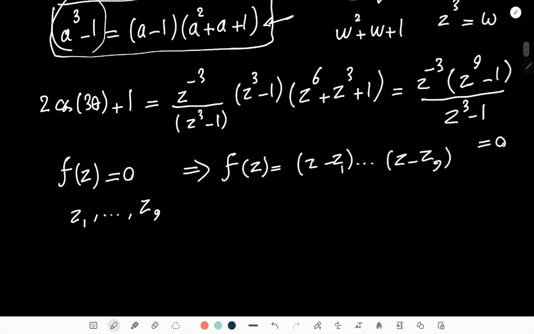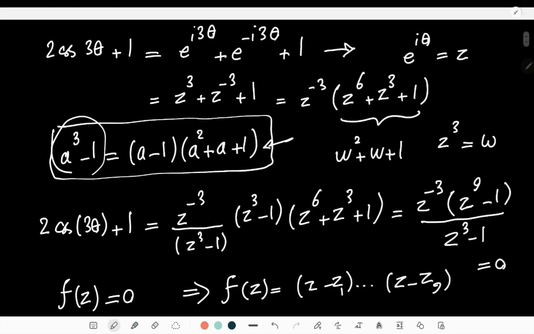So let us just do that. And we have to be very careful, because the denominator also will produce some zeros, and we have to exclude them. So let us just go ahead and write z to the power of 9 minus 1 equals 0. Because z was e to the power of i theta, you remember that?